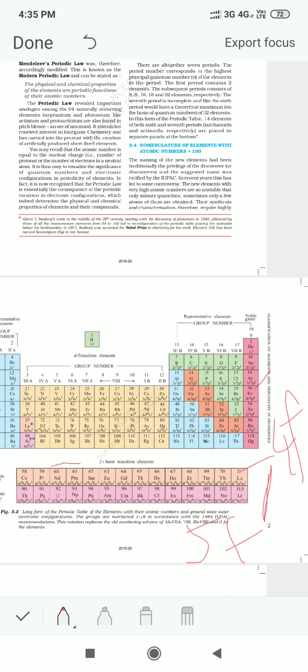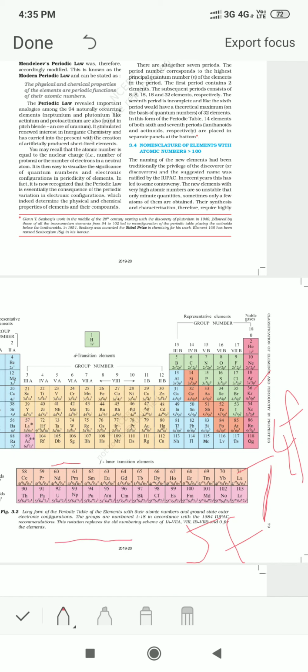So actually these are present along with the transition elements, but they form a separate group because f orbitals are being filled here. They are lanthanoids and actinoids.